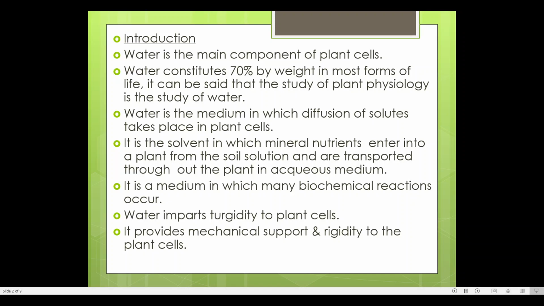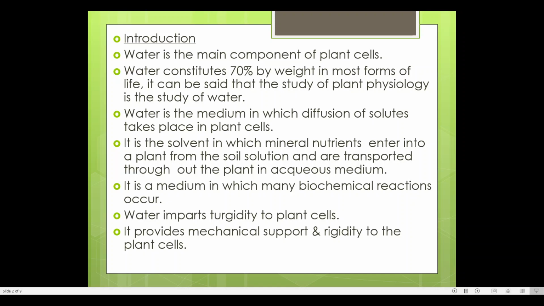Water is the medium in which diffusion of solutes takes place in plant cells. So diffusion is the most important phenomenon in plant cells for their survival. So the diffusion of those solutes takes place in the water. It is a solvent in which mineral nutrients enter into a plant from the soil solution and are transported throughout the plant in aqueous medium.